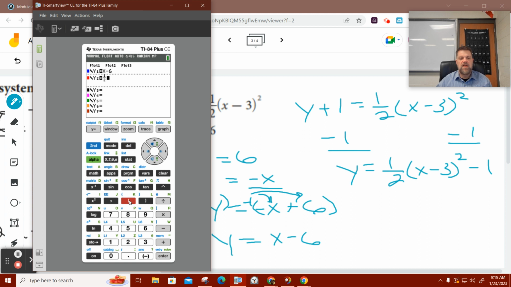There we go. 1/2 times x minus 3 squared, and then I'm going to subtract 1, right? So I'm just plugging that in exactly how I have it written on the board. And I hit graph. Now what do you notice?